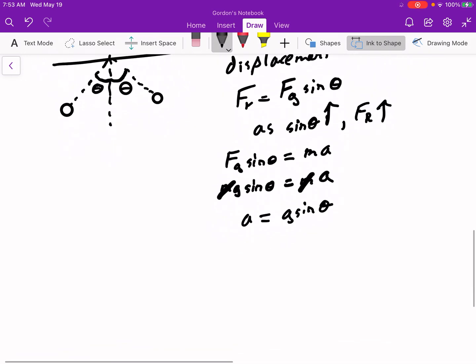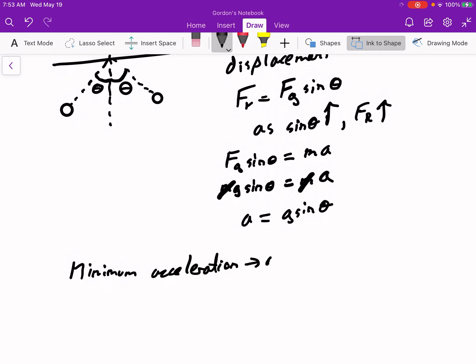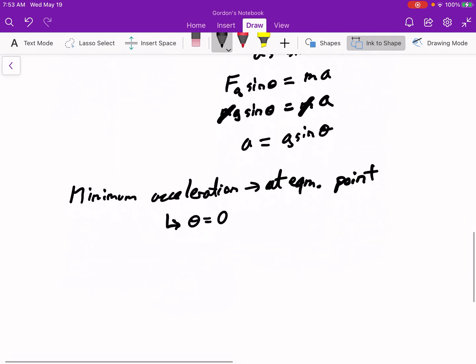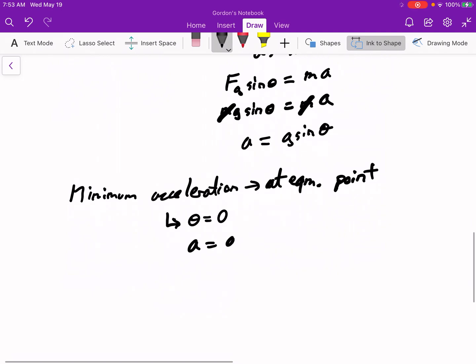And just like with the spring, the minimum acceleration occurs when we are passing the equilibrium point. This is right at the equilibrium point, because right at the equilibrium point, the angle is equal to 0. And so that means the acceleration is equal to g times sine of 0, and sine of 0 is 0, so this is actually equal to 0 at the equilibrium point.